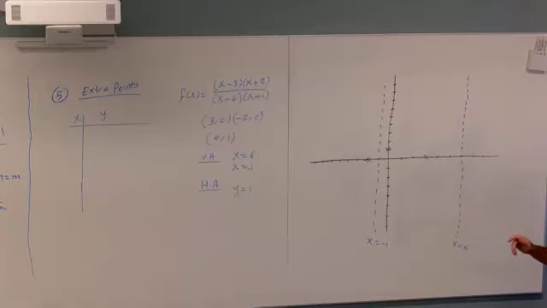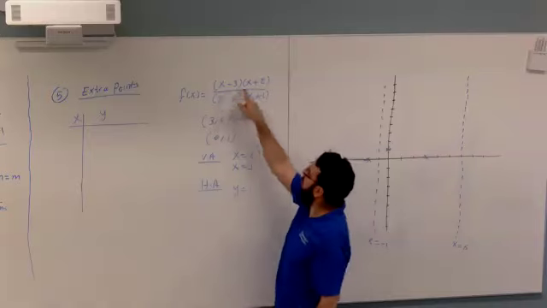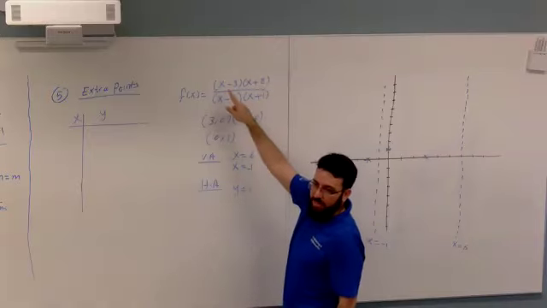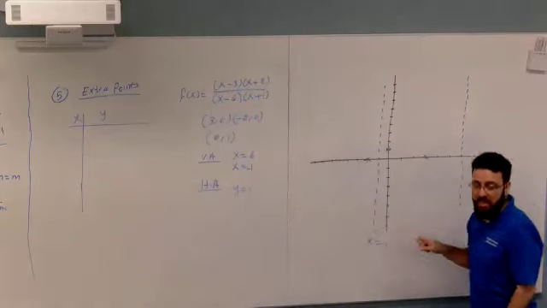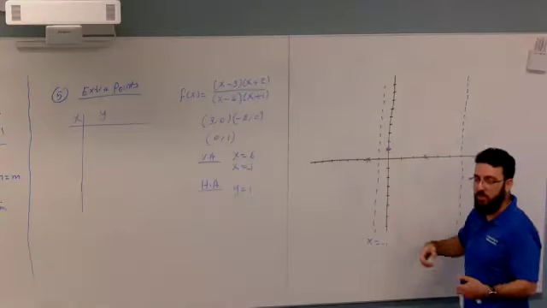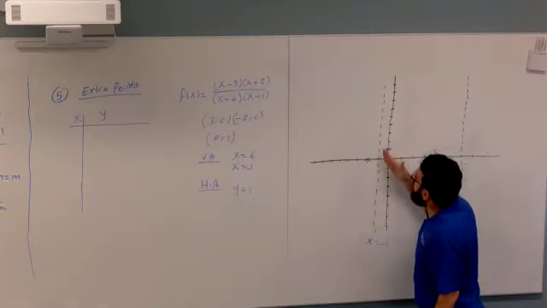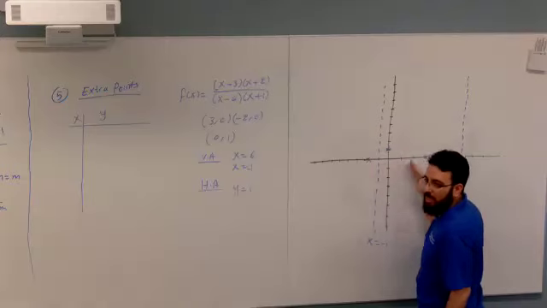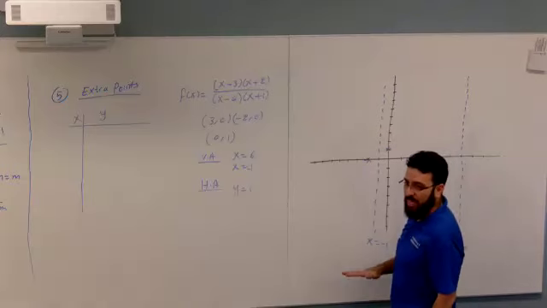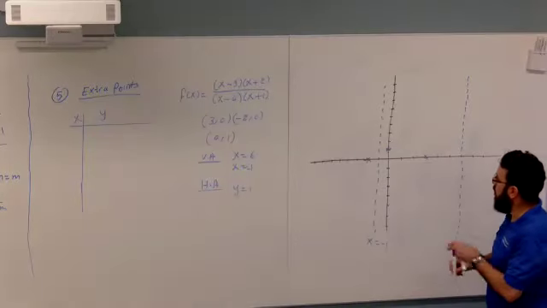If you plug in -1 here, it's going to be undefined. That's why the function is going to be undefined at this point and this point. So it's a vertical asymptote. It's undefined. That's why the function is never going to be defined at this point and go up or down. Is that okay?